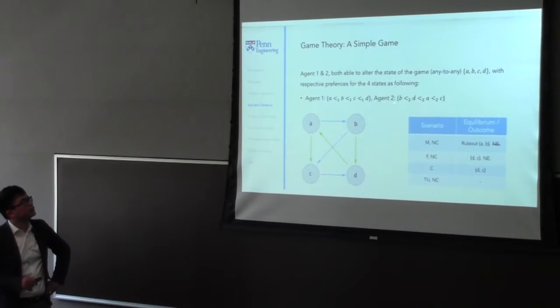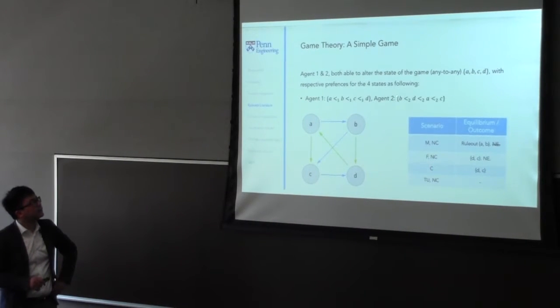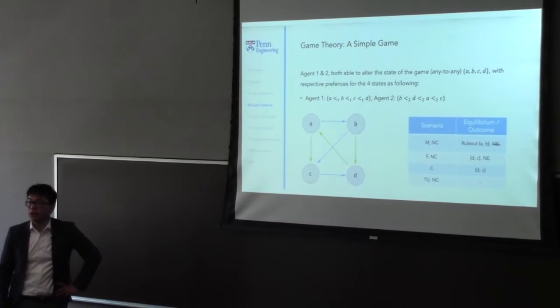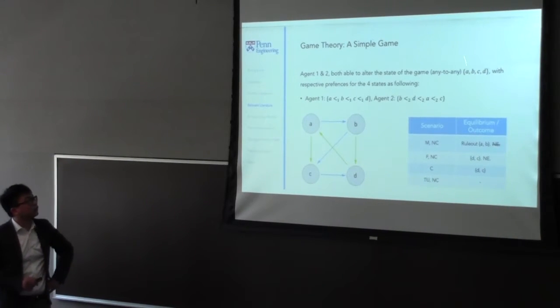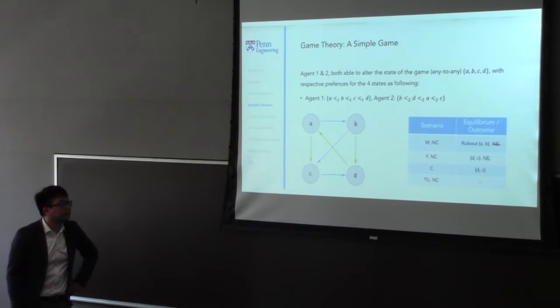But if it's for agent 2 to move, in a farsighted sense, you know that from D, you prefer to move to A or preferably C. But if you move to C, you know agent 1 will move you to D, and you will basically end up being the same. And if you move to A, agent 1 is very likely to move to B, which is probably the least preferable state for you. And being farsighted, you will be deterred from action, and therefore you can actually reach equilibrium there, a stable state.